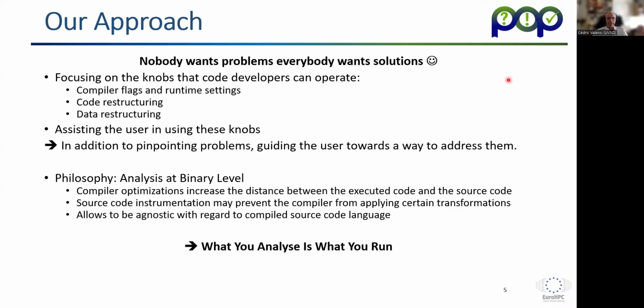As I said, it can be either just a matter of changing the compiler flags or having some idea of the type of code restructuring or data access restructuring that we need to perform in order to improve the code performance. And we are really trying to guide the user in addition to providing just a set of metrics about the application.